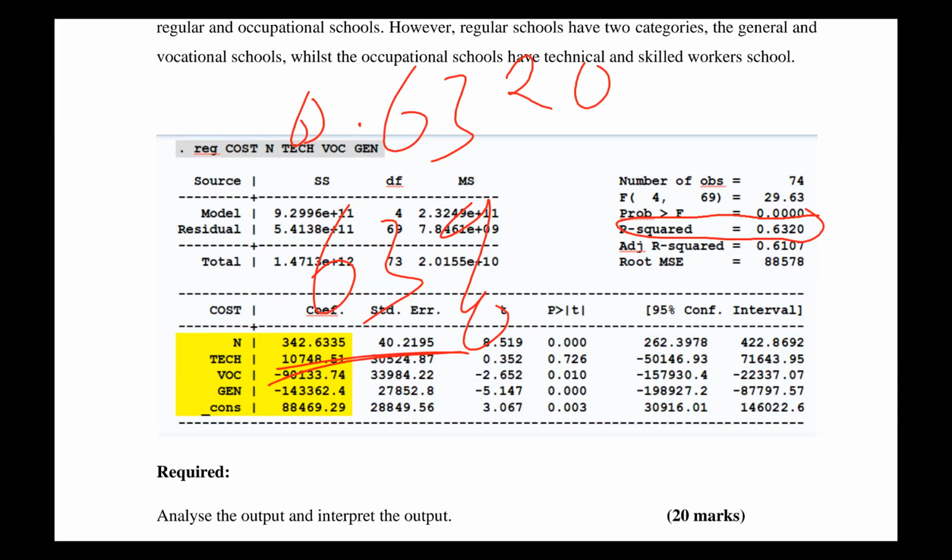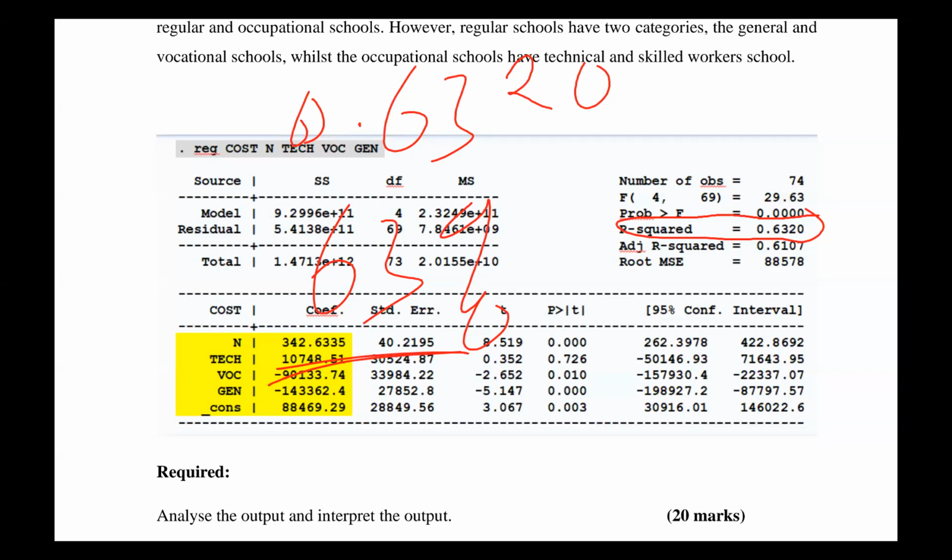Is that clear? Yeah. So the enrollments in skilled workers school, technical schools, vocational and general schools explain 63% of variance in total costs. Did you get the interpretation? Yes, so let's come again.